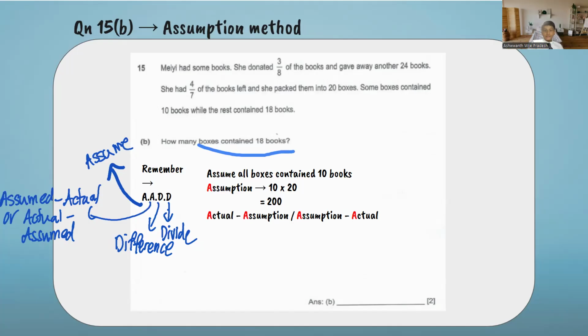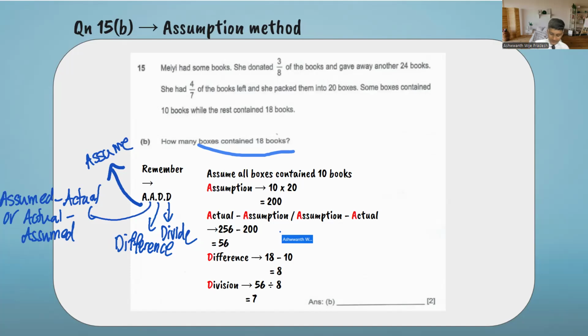In this case, it is actual minus assumption, because we have 256 minus 200, which is 56. Then difference is 18 minus 10, which is 8. And finally, divide is 56 divided by 8, which is 7. So this is your answer for this question.